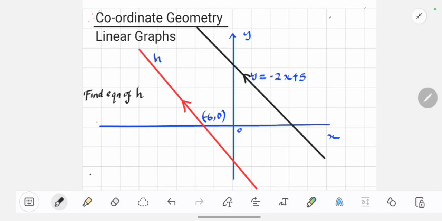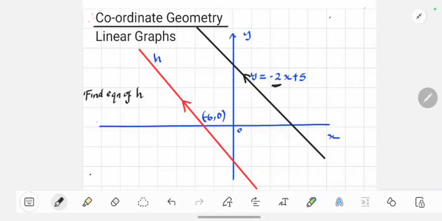Right, now in this problem, we have got two lines which are said to be parallel. So we need to find the equation of one of these lines, which is line H. In actual sense, parallel lines have got the same gradient. So the gradient of line y equal to minus 2x plus 5 is minus 2, because we have found that gradient.